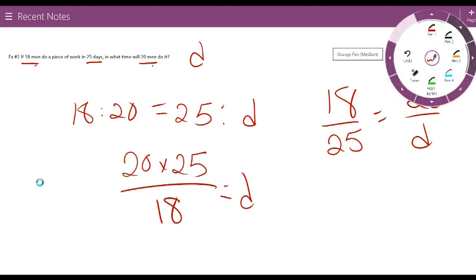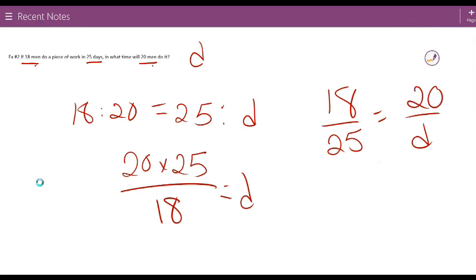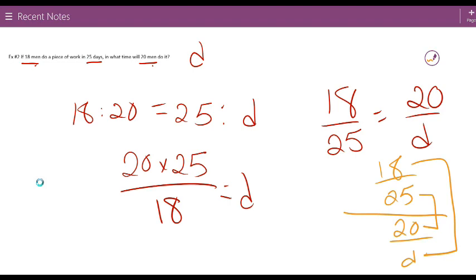So we would have 18 over 25 over 20 over our variable, means, extremes, 20 times 25 divided by 18. Okay, so again, it doesn't really matter which method you use.